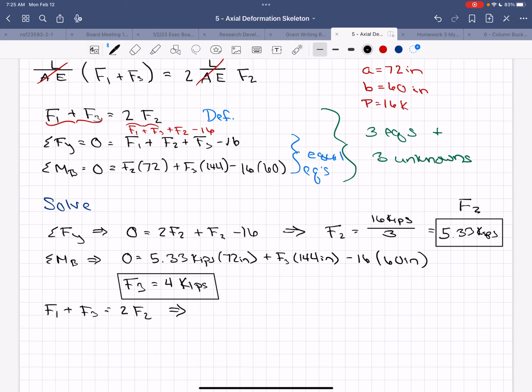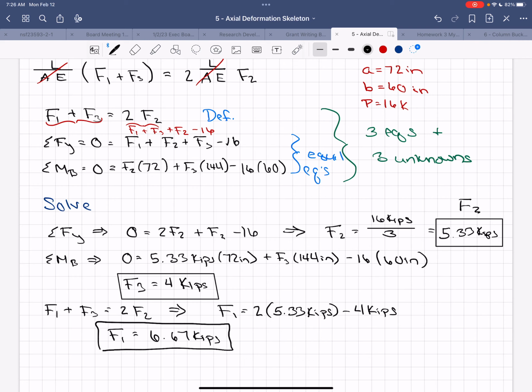So F1 equals 2 times F2, which is 5.33 kips, and then we're going to subtract F3, which was 4 kips, and we find out that F1 equals 6.67 kips.